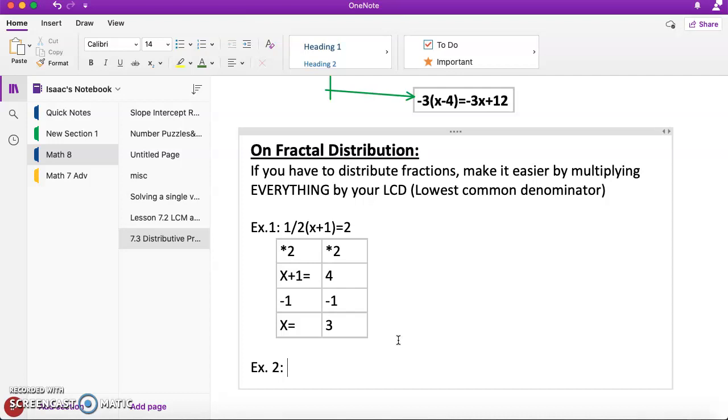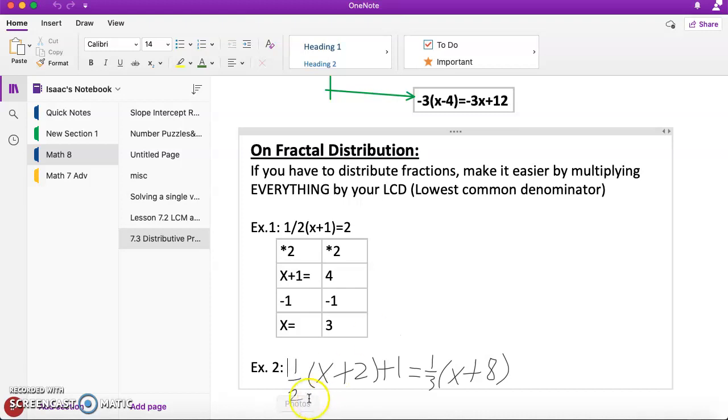If I've got 1/2 times the quantity of x plus 2, plus 1, is equal to 1/3 times the quantity of x plus 8. The quantity, by the way, basically means in parentheses.